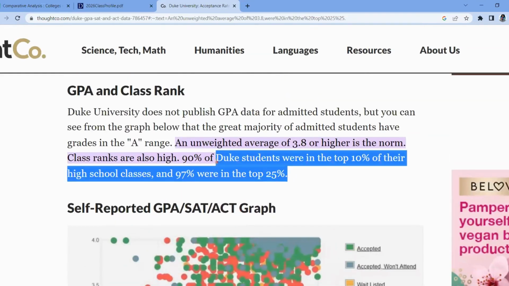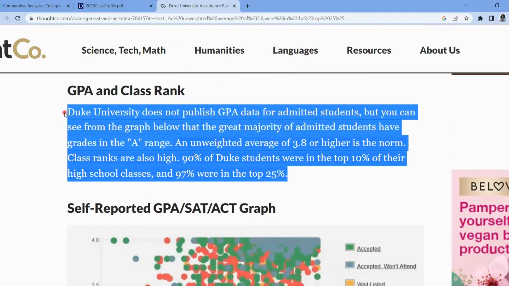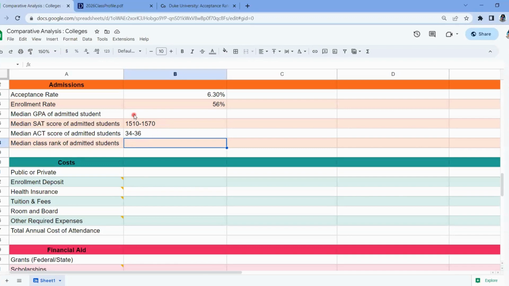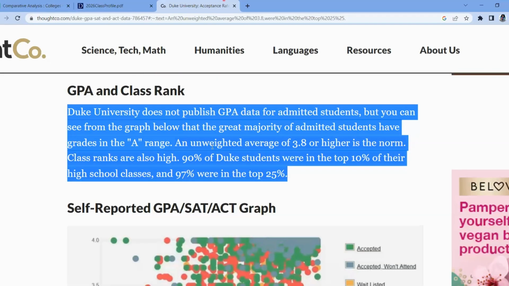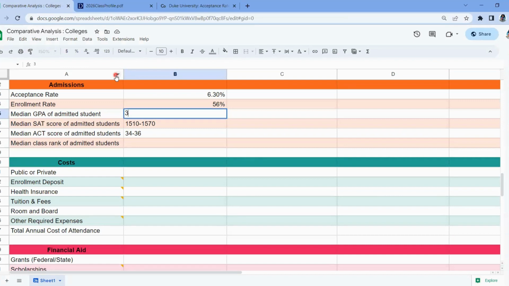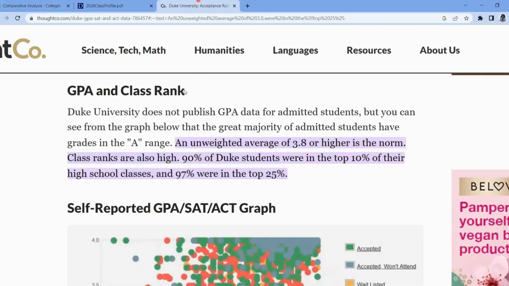So I'm going to copy and paste this and save that. So median GPA, actually what I'll do, I'm going to say unweighted average of 3.8 or higher is the norm. Median class rank.